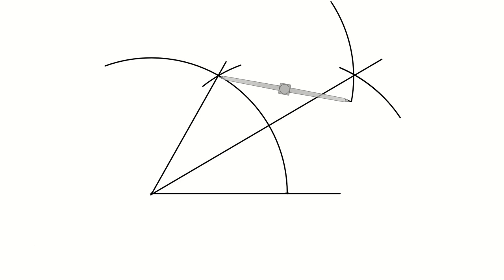So from creating 60, you know how to create a 300, and from creating a 30, you can make a 330 as well as a 30 degrees. So this is to produce a 30, a 60, and a 300 degrees angle.